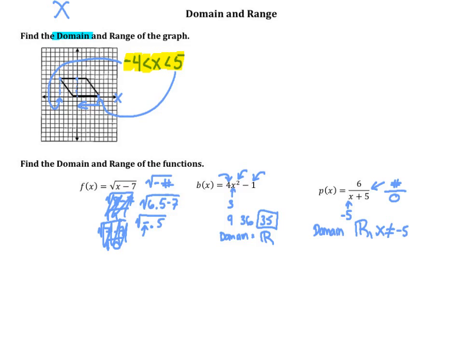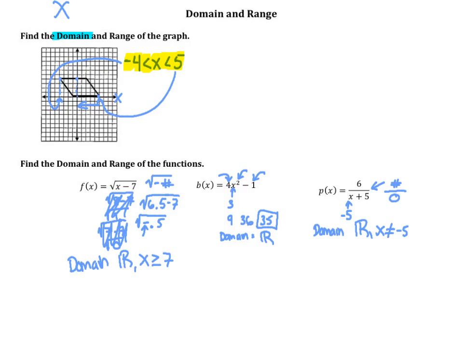Well, if I plugged in 7, I get 0. But if I plug in 6.5, I get a negative number. So my domain is going to be all real numbers, and x has to be greater than or equal to 7. If you plug in a number less than 7, the function doesn't work.